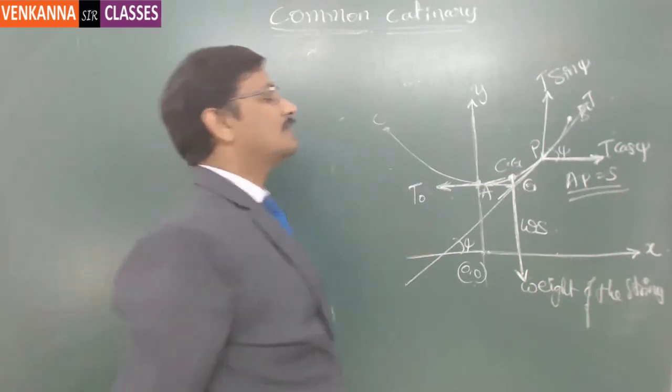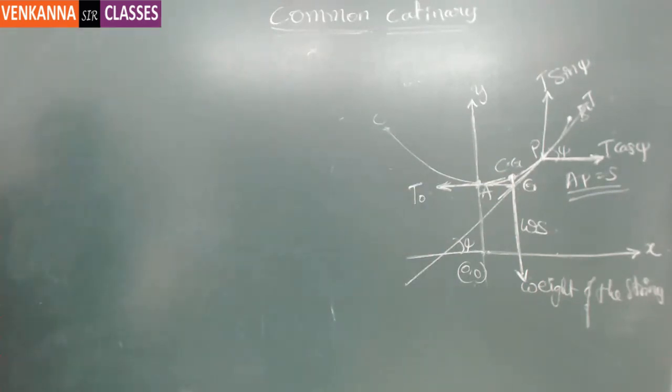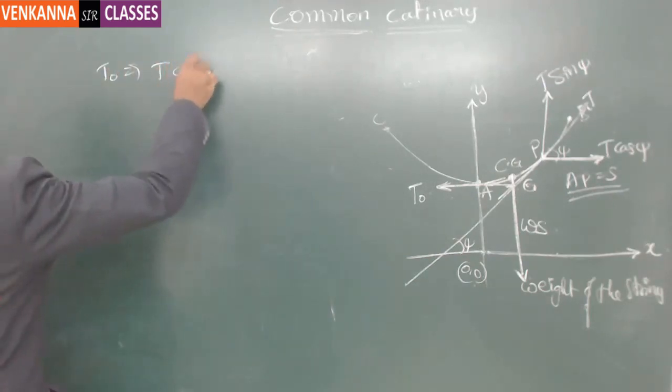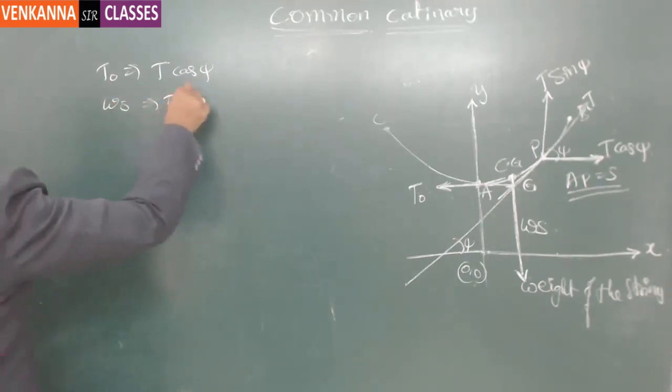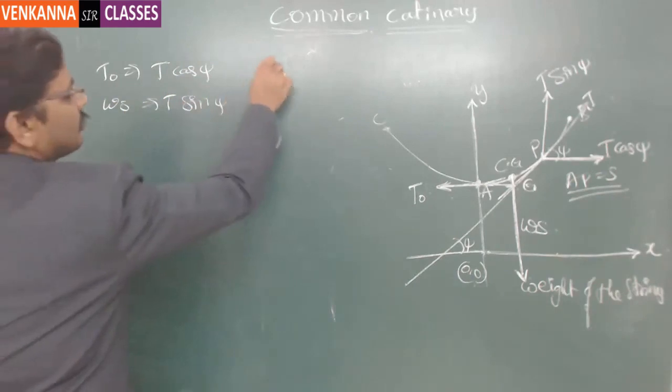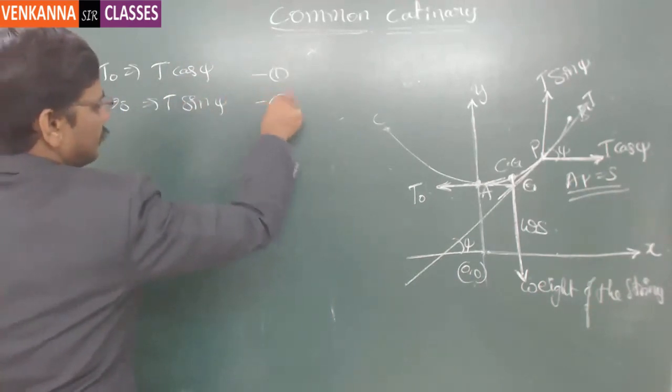Now, if you equate the horizontal component and vertical component, T naught is equal to T cos psi, and Ws is equal to T sin psi. So this is equation number 1 and this is equation number 2.